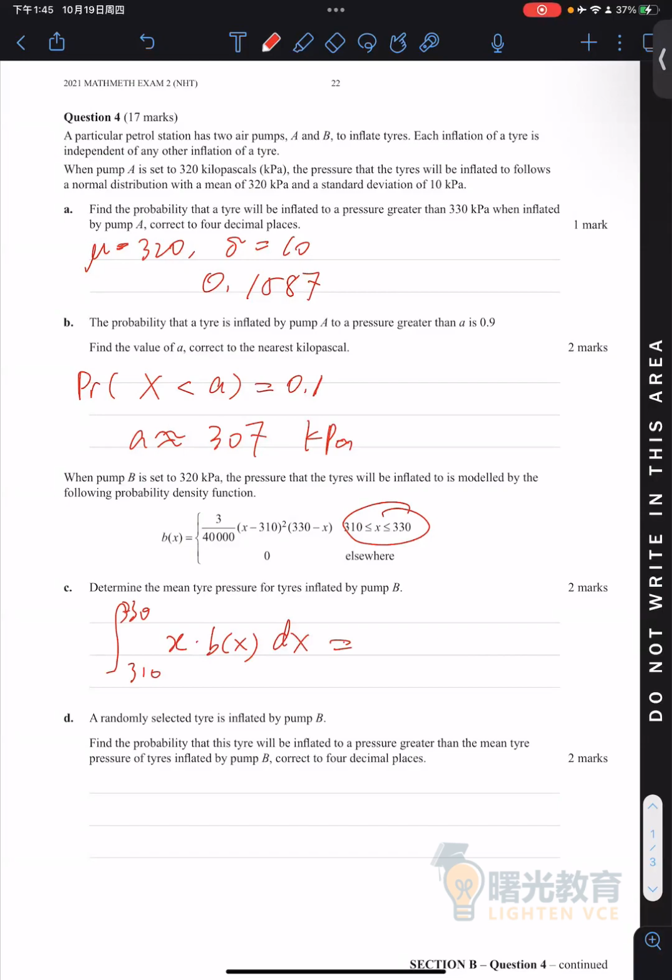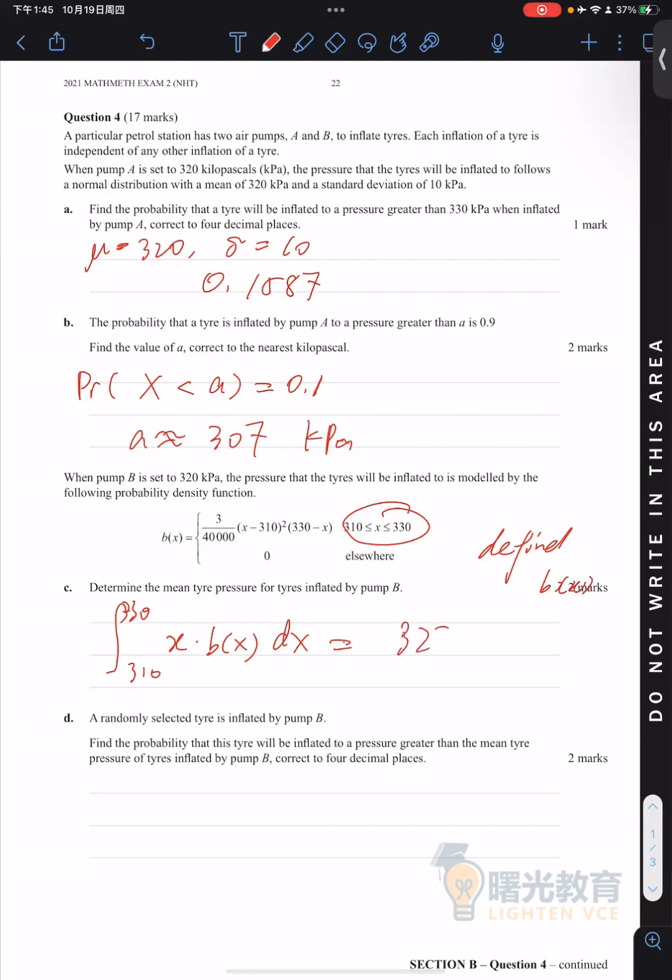Use your calculator: menu, calculus, and the third one, the integral. Input the values and everything is done. A trick: please define the PDF first, so in the following questions you don't have to repeatedly type it again and again. And the answer is 322.